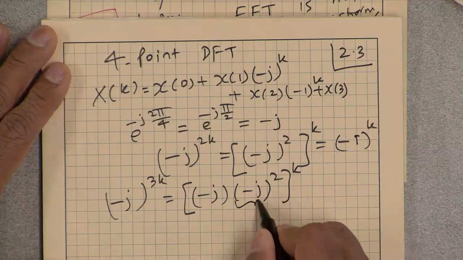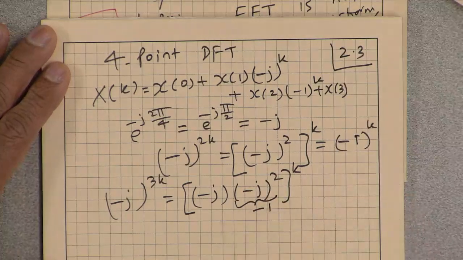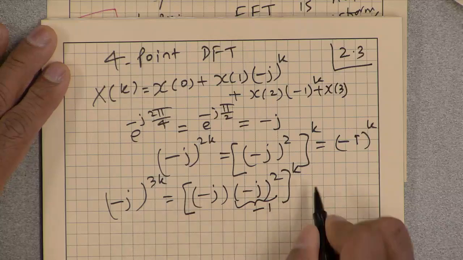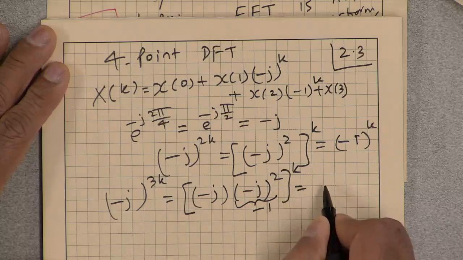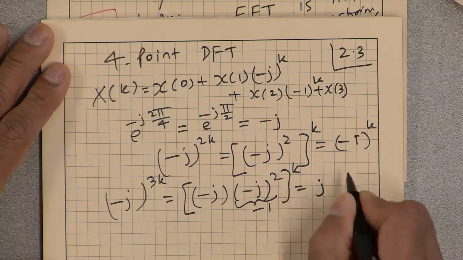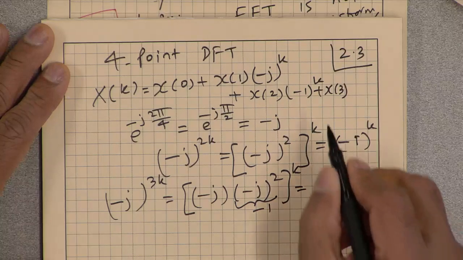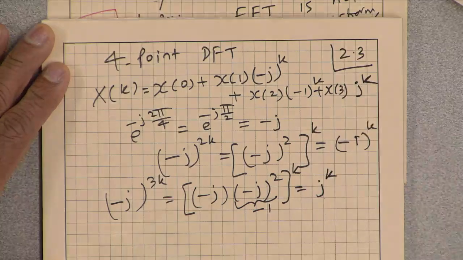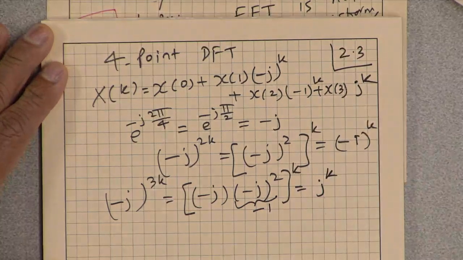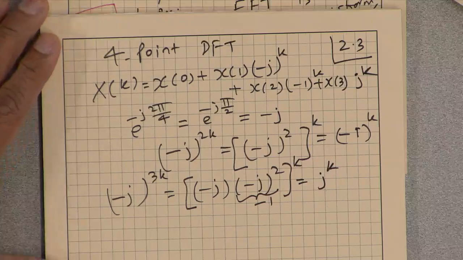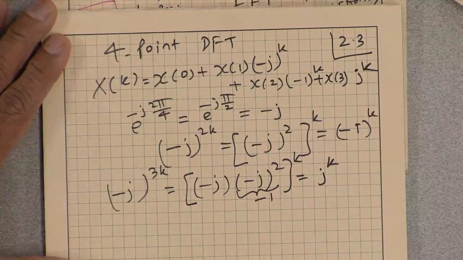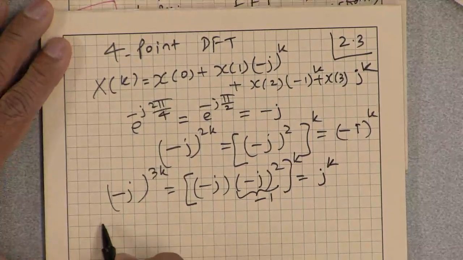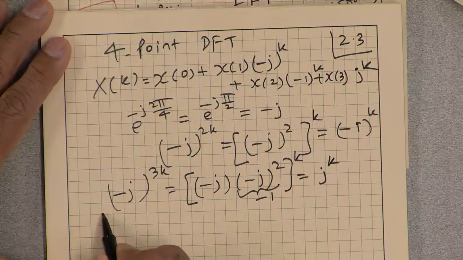And this quantity we already know is minus 1. So minus j times minus 1 is plus j. So that's simply j to the power k. So x3 times j to the power k. Okay, so then I can write down these quantities.